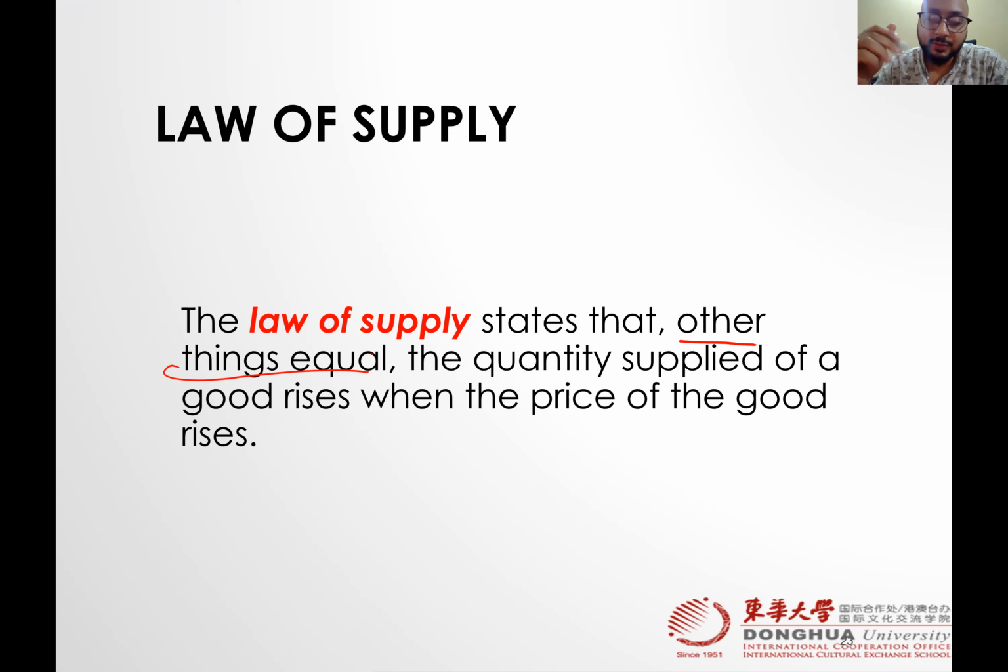Or to put this question otherwise, do you want to sell your good at a higher price or a lower price? Higher price, right? So this is the law of supply. The law of supply says that, other things equal, if the price rises, the seller or producer wants to sell more. That's it. And why did we say other things equal?